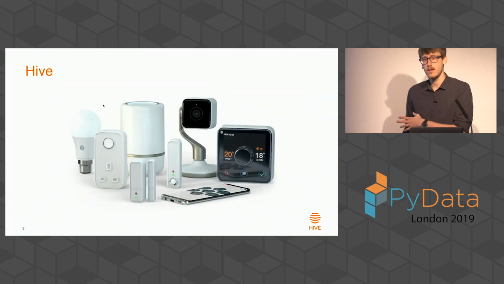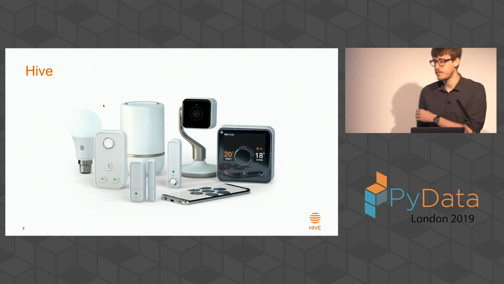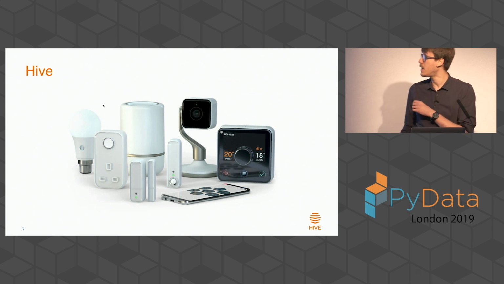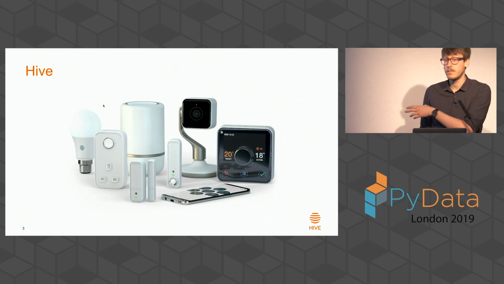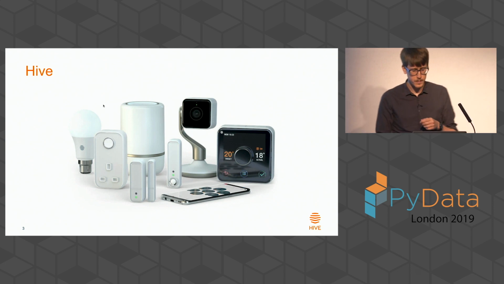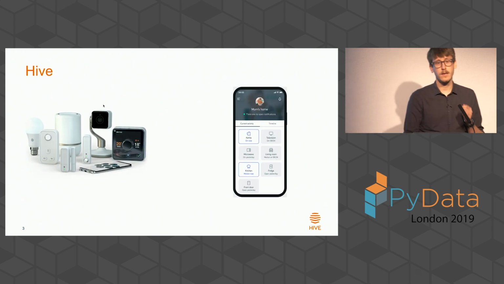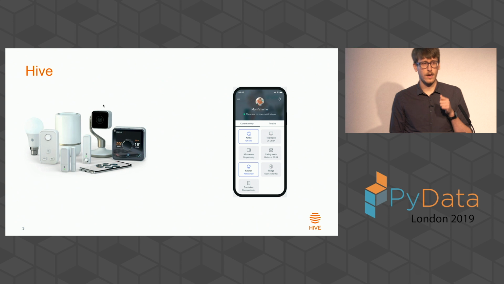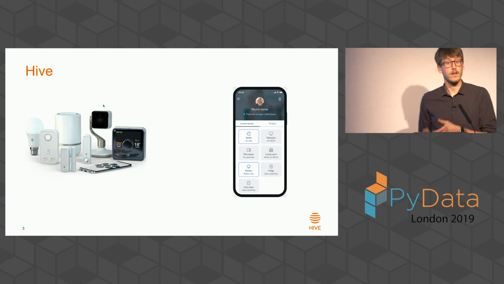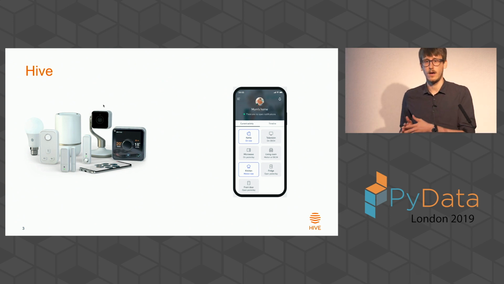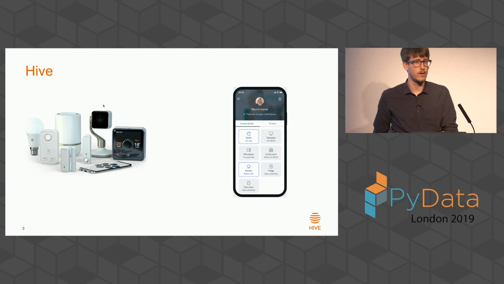So you might know the Hive thermostat. You probably are aware of other products that we make, like light bulbs, smart plugs, camera. You definitely don't know Hive Link. This is a service that can help you if in your family you have an elderly person that lives alone.